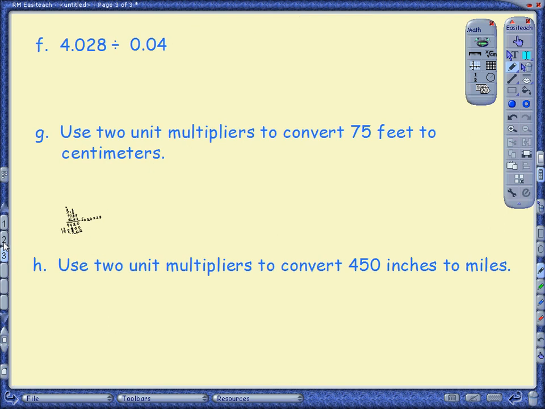Okay, now this problem is a division. 4 100ths is the divisor, and we're going to divide it into 4 28 thousandths. Now when we divide, we move the point 2 places, and we make this the whole number 4. We move the point here as well, and we put our decimal point right up on the line.